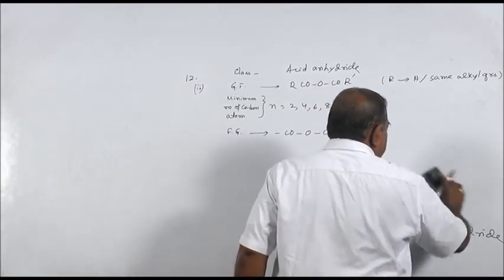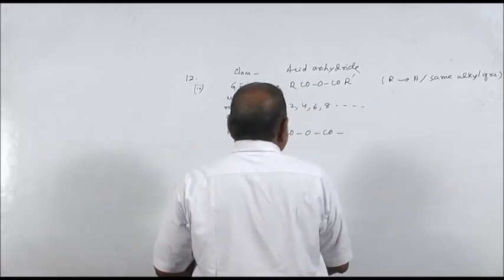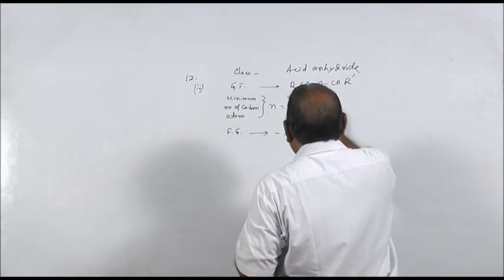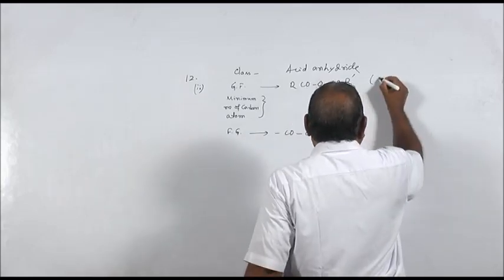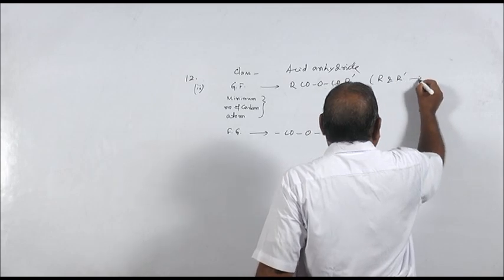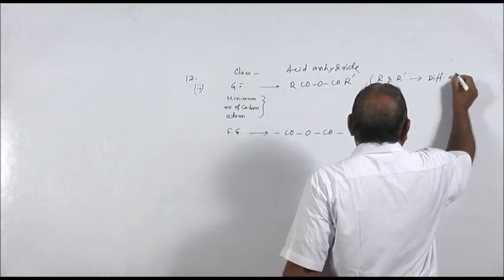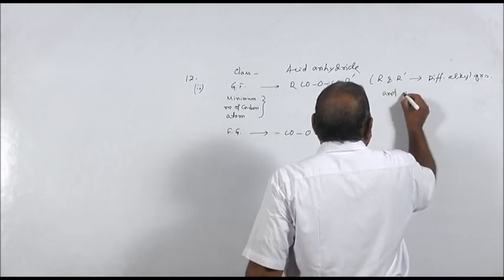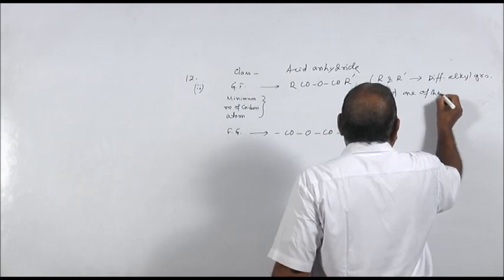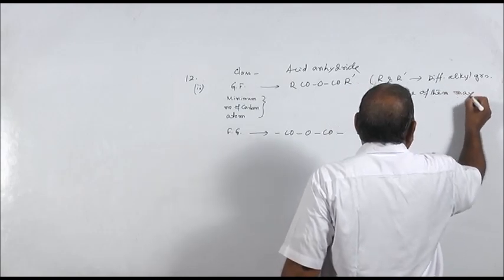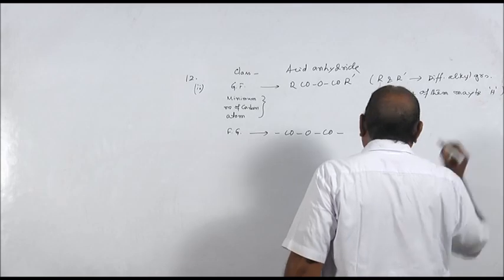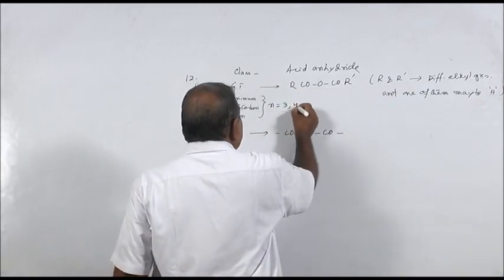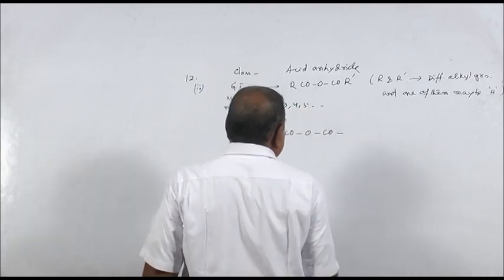Second category of anhydride, say R and R dash here. R and R dash are different alkyl groups, and one of them may be hydrogen. So here the n value will start with 3, 4, 5 and so on. The functional group is the same.